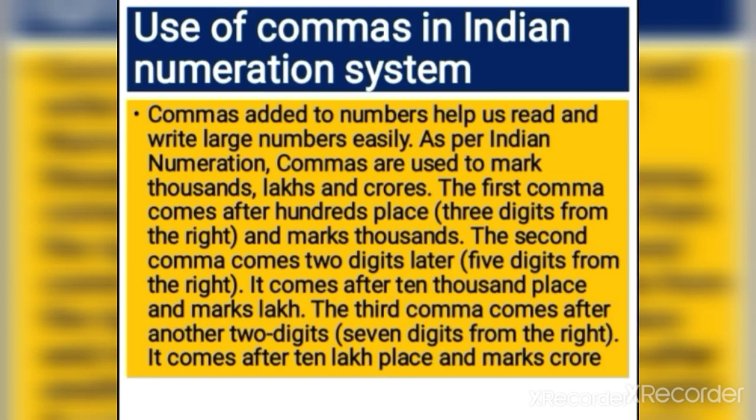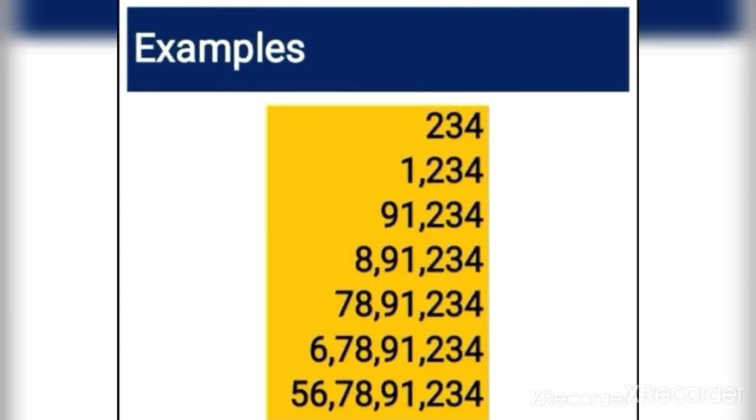Let us understand this through examples. Here we have examples of how we use commas in the Indian numeration system. The first number is 234. Second number, 1,234.